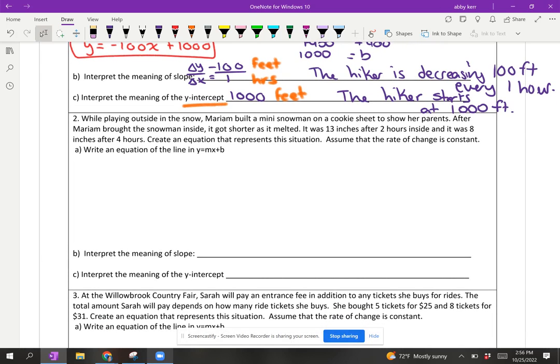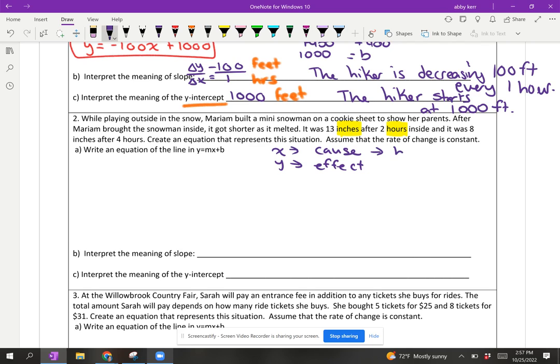Number two on the word problems is the exact same thing. So x is going to be the cause, and then the y is the effect. So our two items that we're talking about are inches and hours. So do the inches cause the hours to increase or decrease, or do the hours cause the inches to increase or decrease?